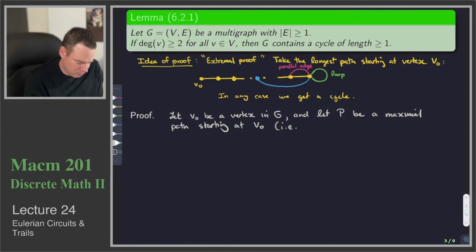So in other words, P is a path that cannot be extended to a longer path.